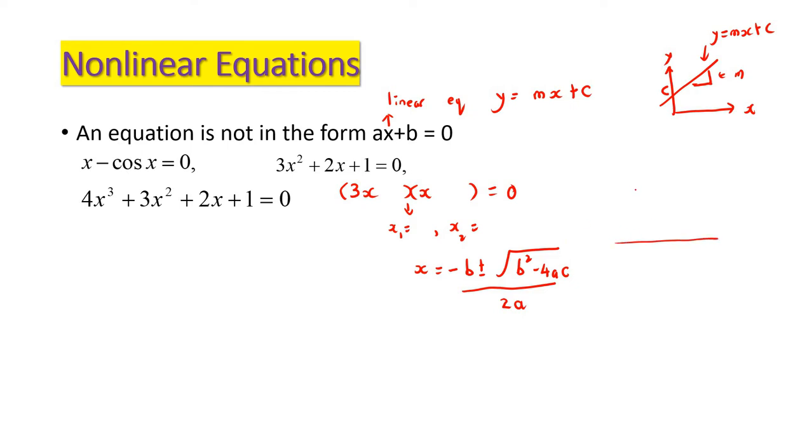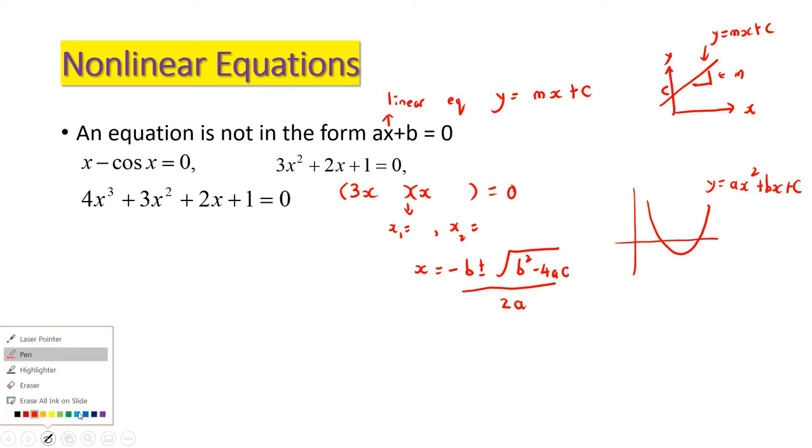And from a graphical point of view, let's say this is a quadratic equation, y equal to ax squared plus bx plus c. The root is actually your x-intercept, sorry, x-intercept, not y-intercept. The y-intercept is here, which is c. This is actually the root.